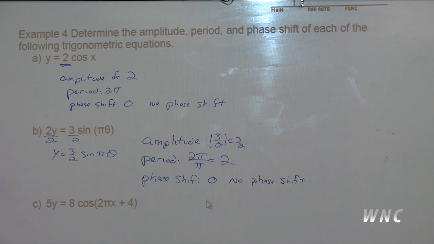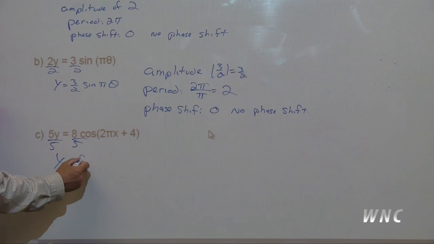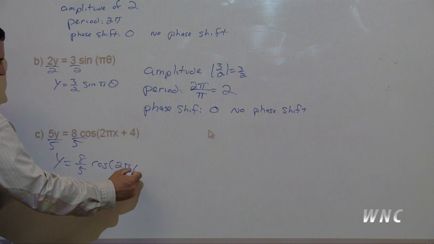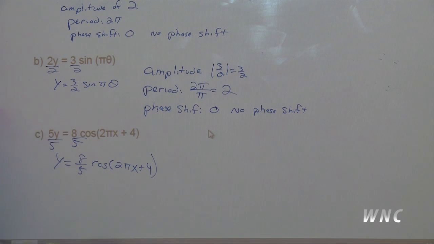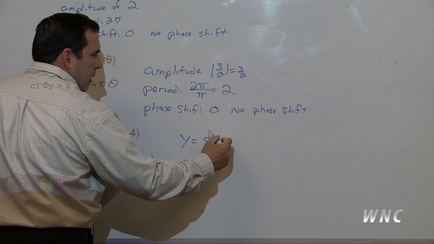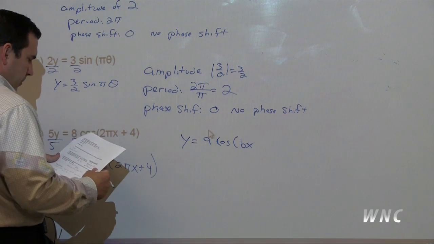Okay, this last one in this example, we'll divide by 5. Y equals 8/5 times cosine of 2 pi x plus 4. Now I want to point out the standard formula was y equals a cosine of bx minus c.